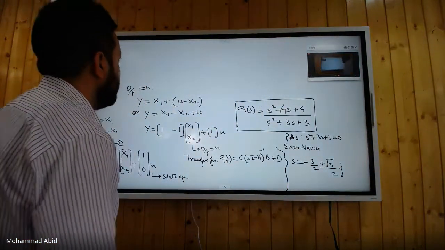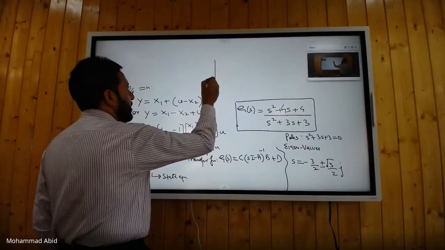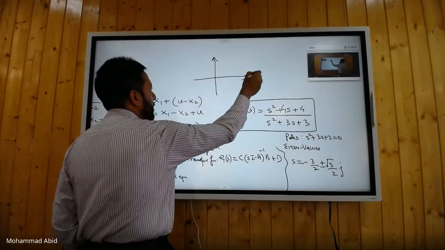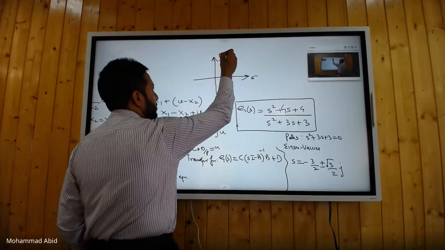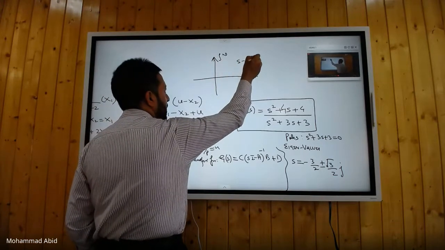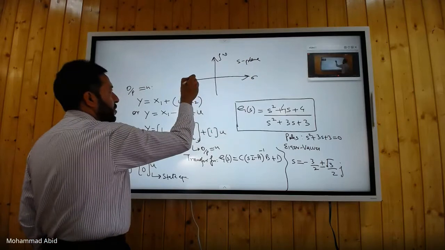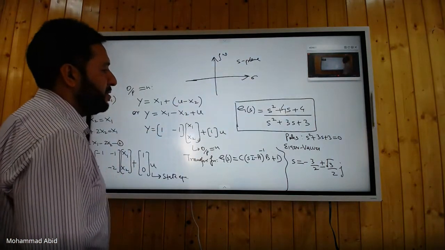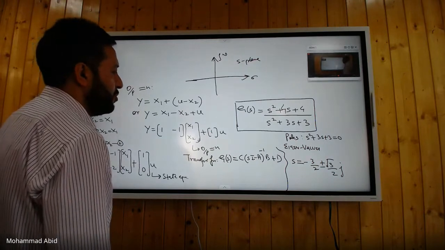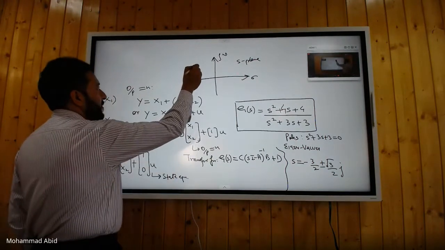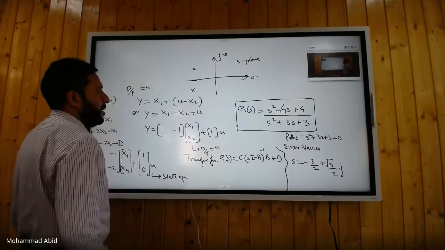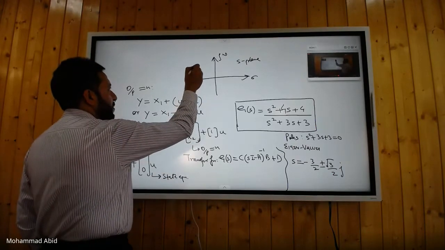तो बताओ मुझे इसके पोल्स की लोकेशन एस प्लेन में. This is sigma, this is j omega, this is your s plane. What is the location of poles? It's minus 3 by 2 plus minus j root 3 by 2. So it's somewhere here. Isn't it? इसका जो रियल पार्ट है वो क्या है?